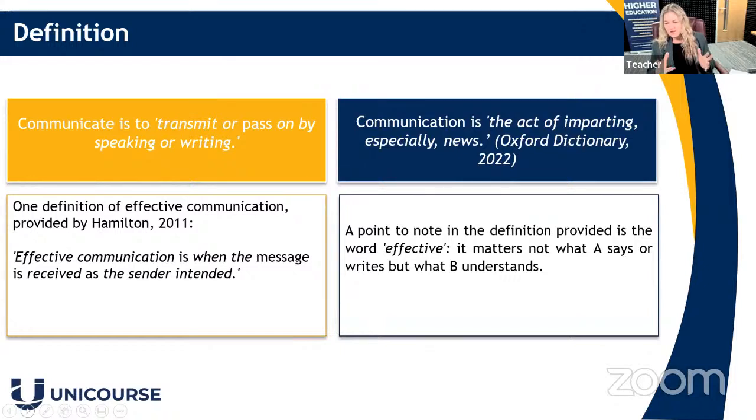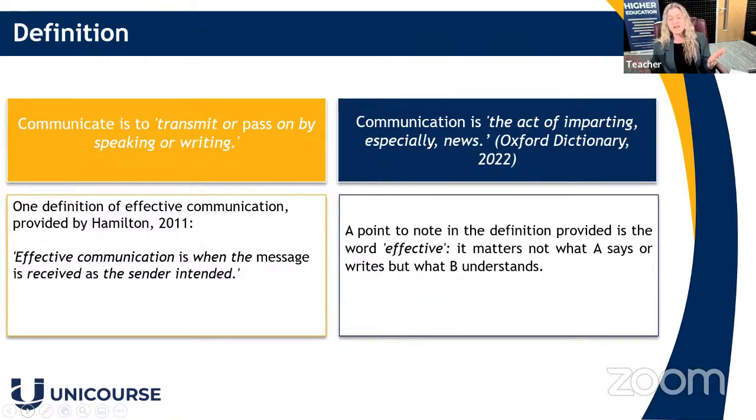But I think the point to note in the first definition that I provided was the word effective. It's not what A says or writes, but what B understands. So think about it in relation to the receiver and the sender of information.